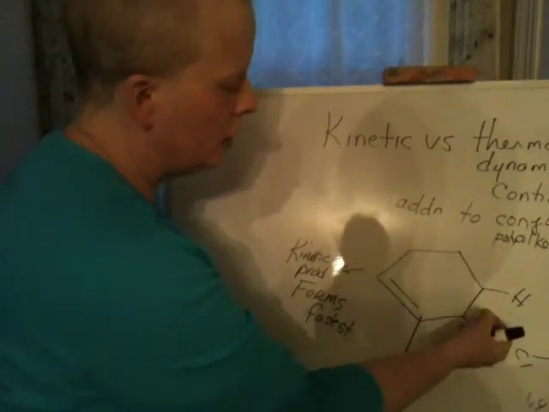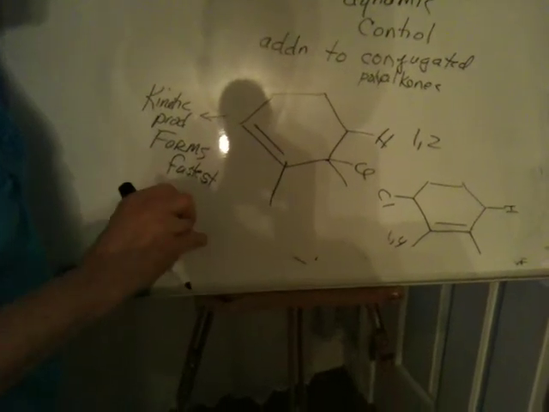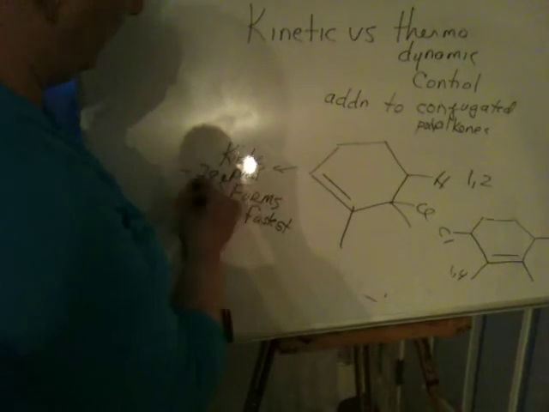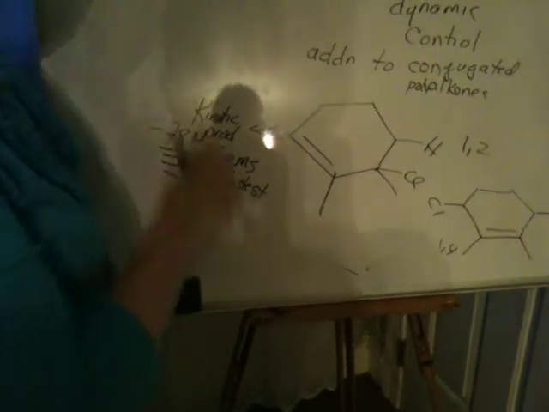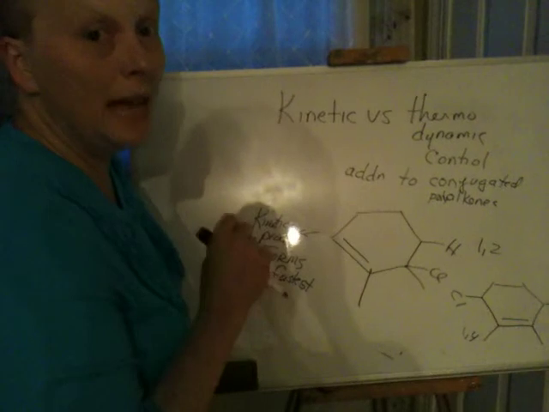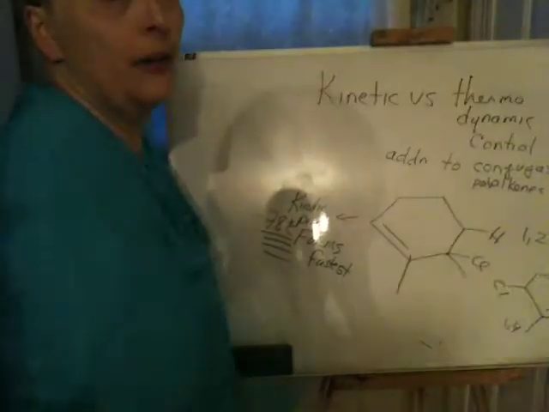The chloride is just closer to that charge, so it grabs it faster. So this one forms fastest when you're under very low energy conditions, as is minus 78 degrees. A convenient temperature for organic chemists because it's the temperature of dry ice and acetone. When you're under very low energy temperatures, what happens is what has the lowest energy barrier because there's not enough energy to get over high barriers.